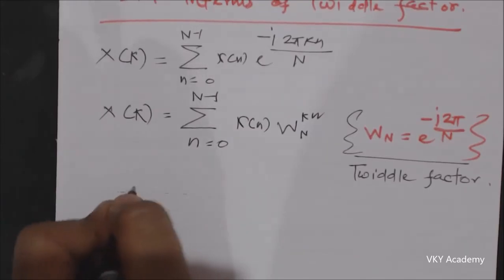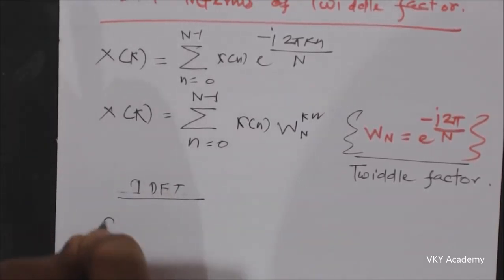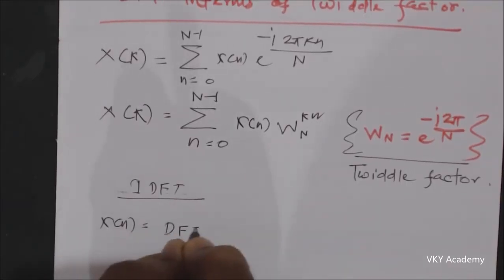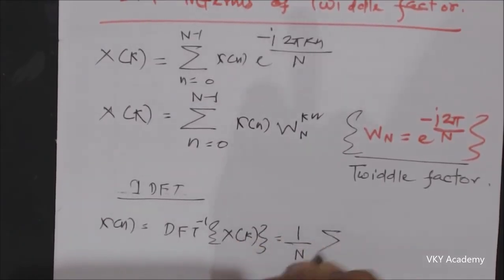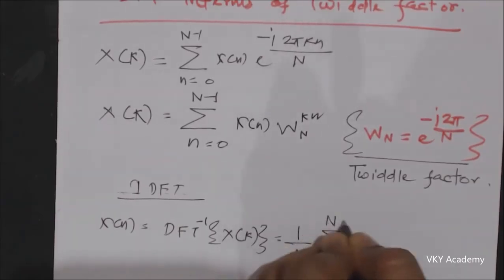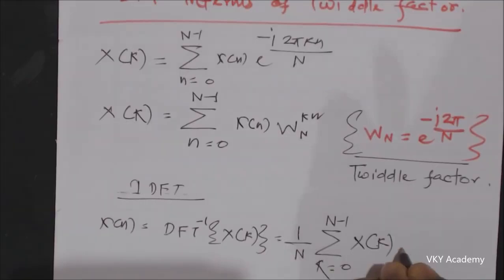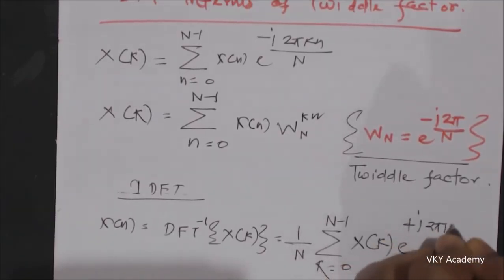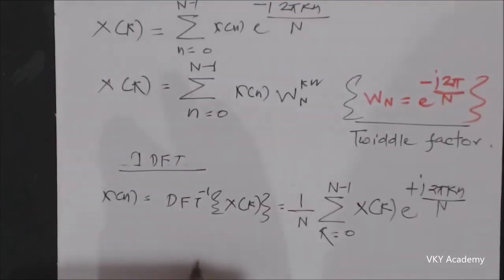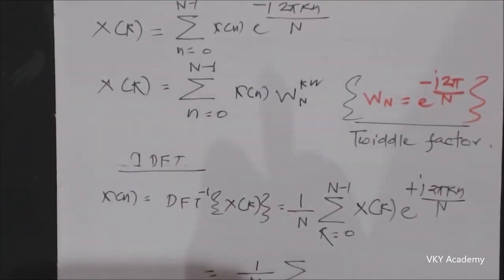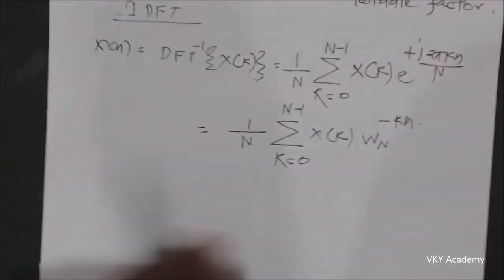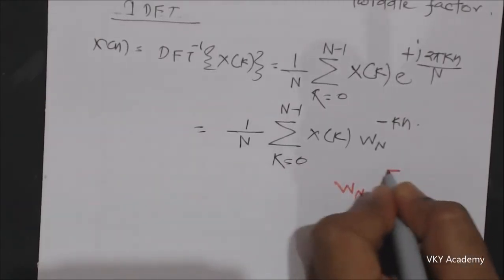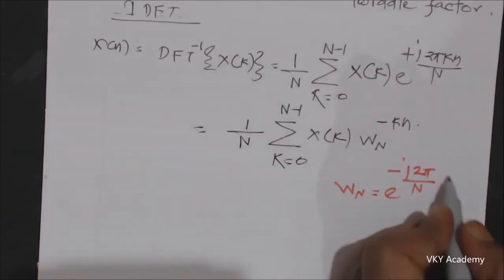In the same way, for the IDFT, x of n is equal to DFT inverse of capital X of k is equal to 1 upon capital N summation k is equal to 0 to N minus 1 X of k e to the power plus j 2 pi k n upon capital N, which can be written as 1 upon capital N summation k is equal to 0 to N minus 1 X of k W N to the power minus k n, where again W N is equal to e to the power minus j 2 pi by capital N, called the twiddle factor.